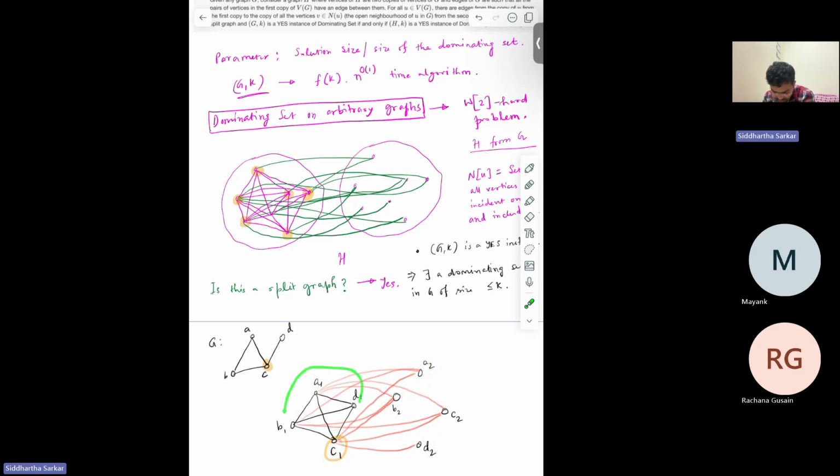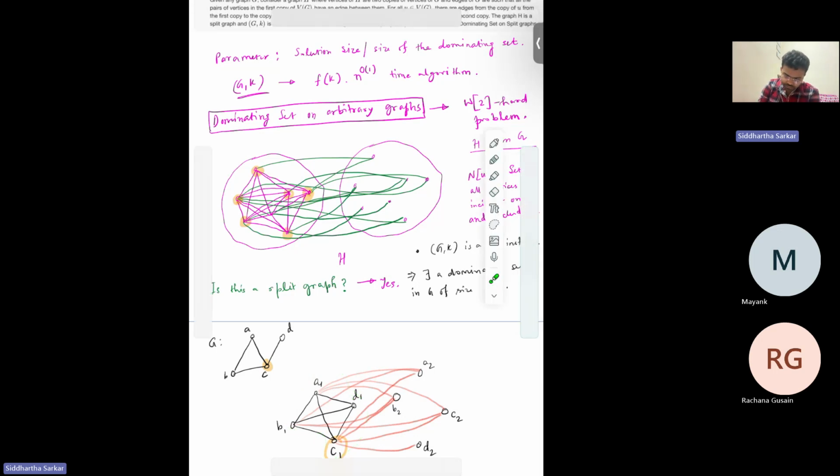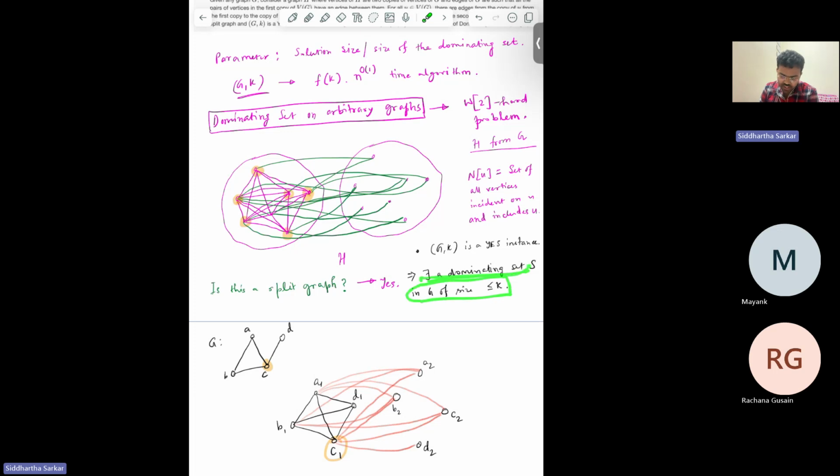The first copies are definitely dominated by virtue of being part of the clique. So that is how a dominating set S in G will give rise to a dominating set S dash in H of size at most K.